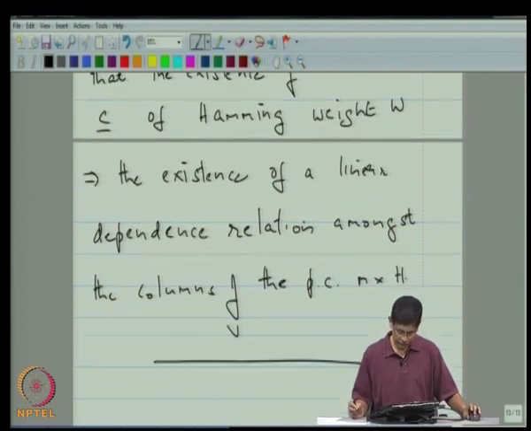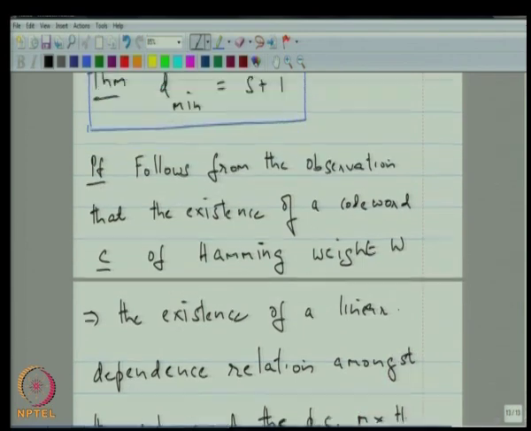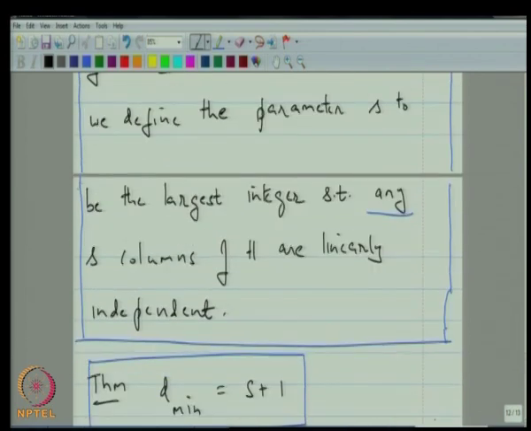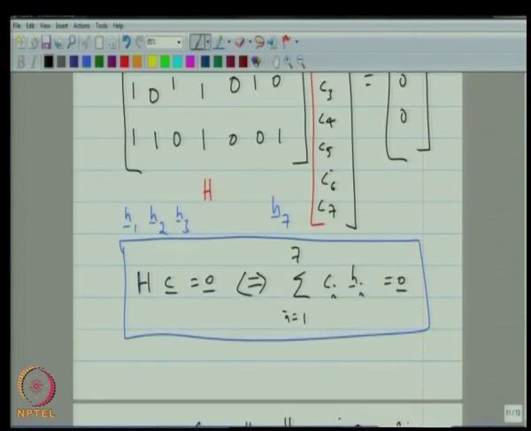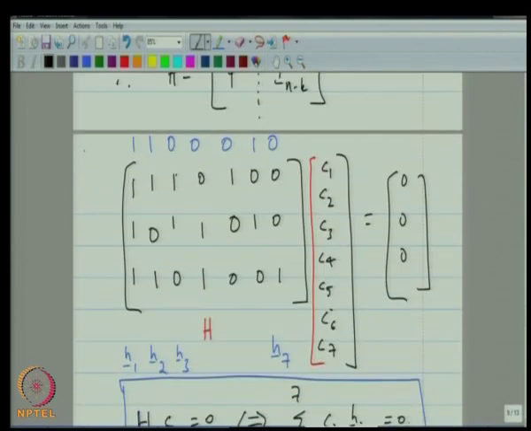And let us do one thing just to make the proof clearer. Let us go back and apply it to the Hamming code. So, here is the Hamming code's parity check matrix, and the theorem says that d min is S plus 1.